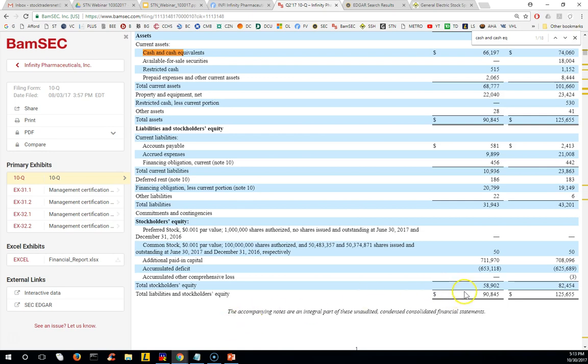One of them happens to be, in most cases, a $2.5 million shareholder equity. Here, INFI has almost 59 million. Understanding the requirements based on the exchange, such as the stockholders' equity.